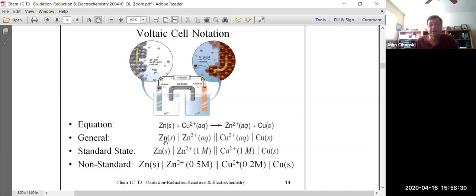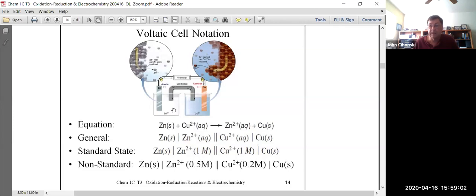So up here, we would say that we have the anode, the metal itself, and that is indicated by zinc as a solid. And to show that there's a difference in phase between the metal and the solution, we put a bar. So when we look at the left side, we can say, there's a bar of zinc in a zinc 2+ ion solution.